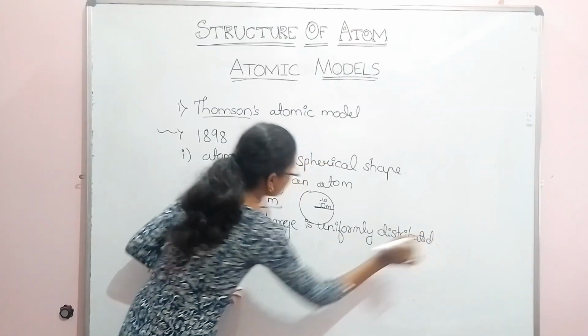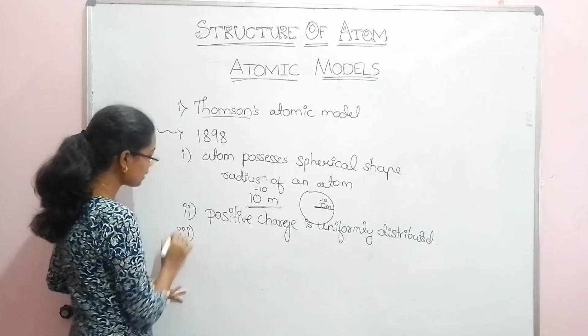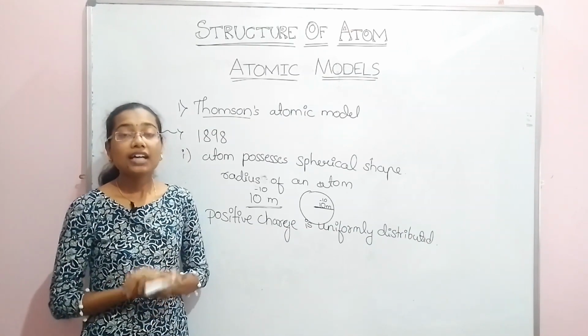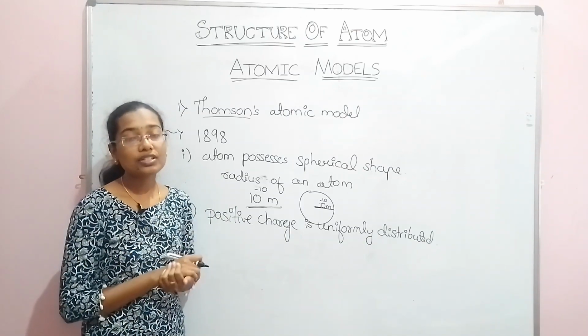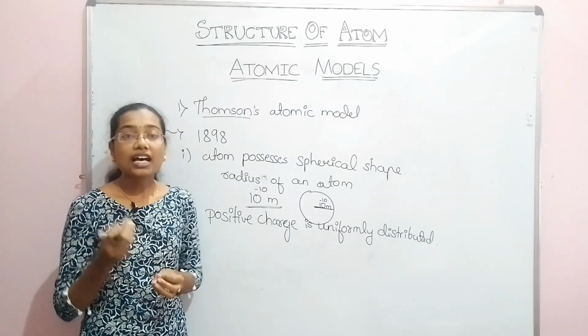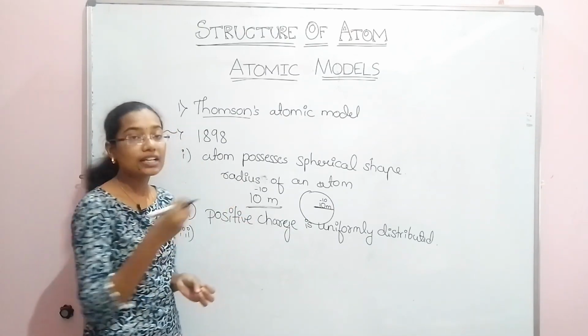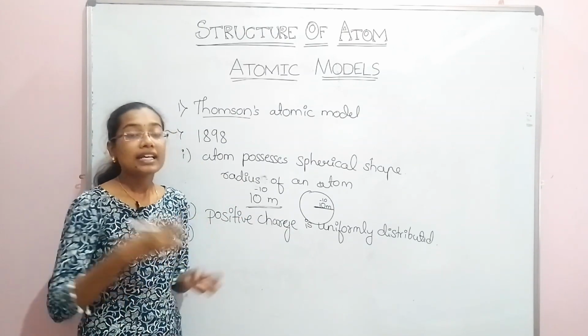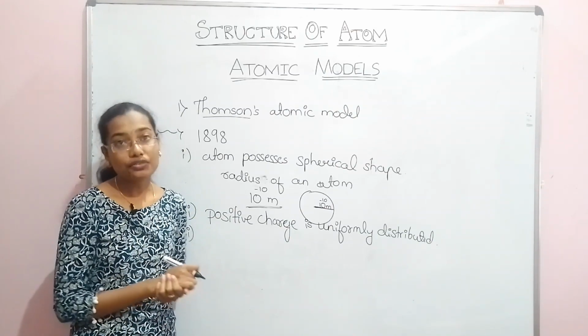This is his second property. And the third one is, he tells about the electrons and how the electrons are present in the atom. He tells that electrons are embedded in the positive charge, in such a way as to balance the electrostatic force of attraction.